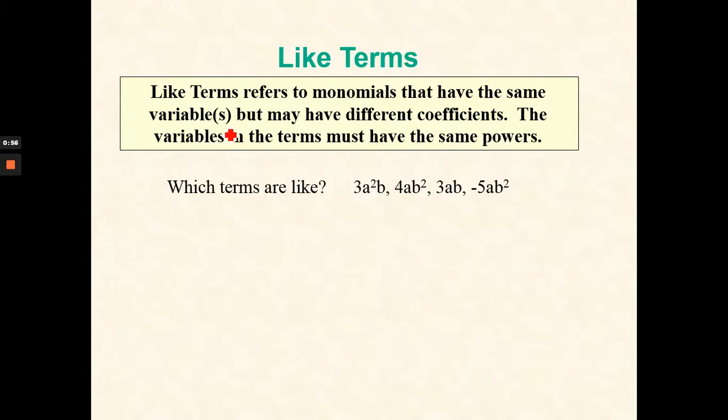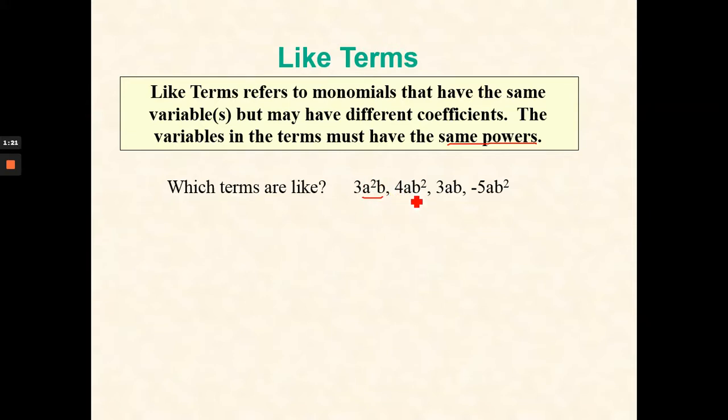But when we are talking about like terms, the variables must have the same powers. In a squared b, the exponent of a is 2, while here it is 1, here 1, here 1. So there's no similar term to this one.